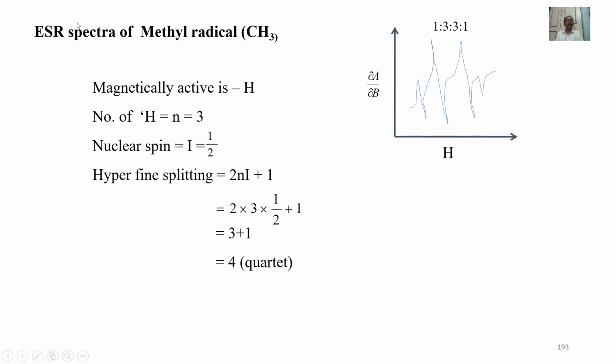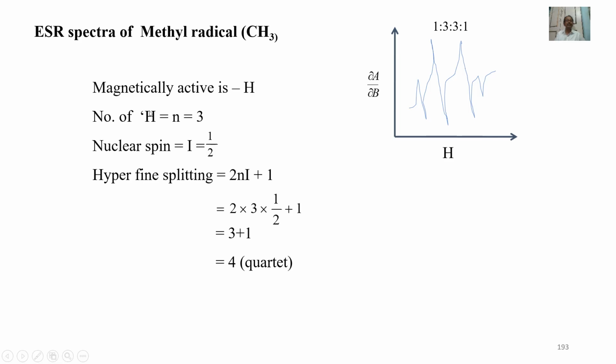Now the ESR spectra of methyl radical, CH3. We have 1:3:3:1, which is the intensity of the experimentally observed spectrum of methyl radical. We have four intense lines: the first line, three times the first for the second, three times for the third, and again the original one, 1:3:3:1. The magnetically active nucleus is hydrogen.